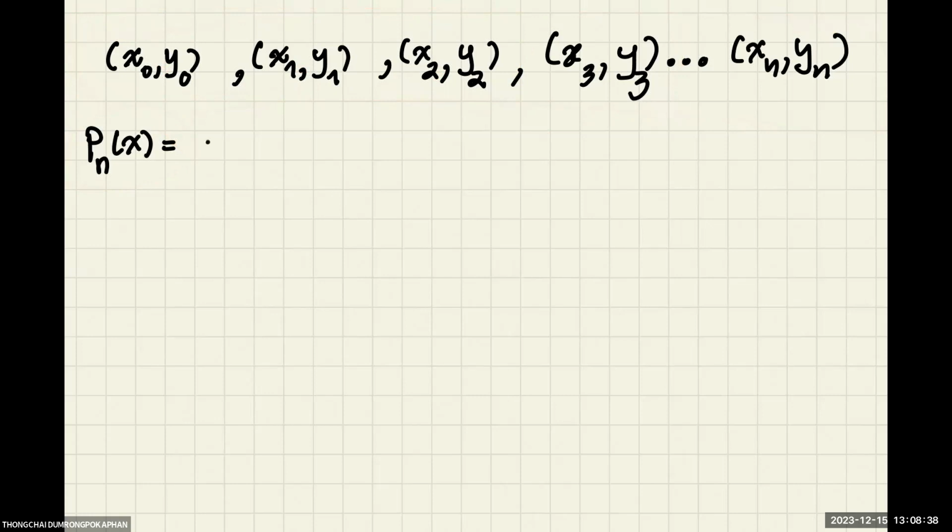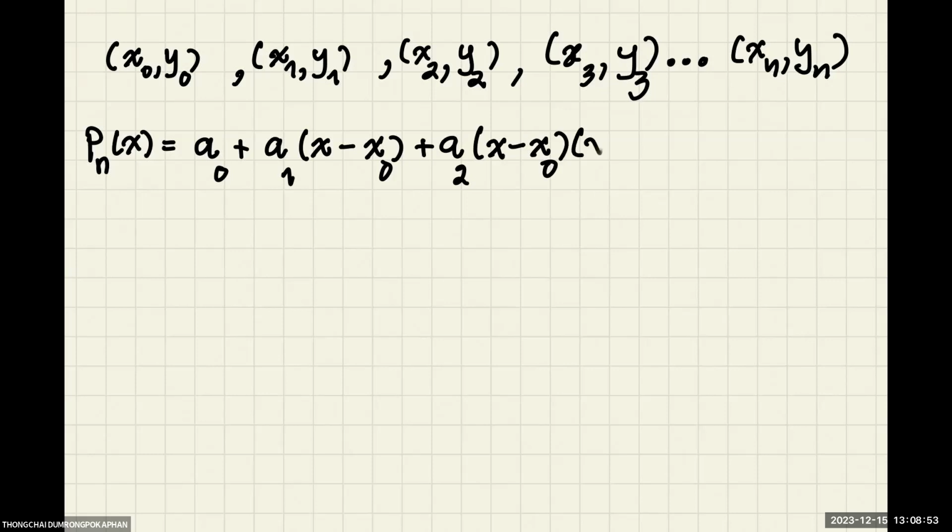So it's going to be like a0 plus a1 (x minus x0), the first point, plus a2 (x minus x0)(x minus x1), plus a3 (x minus x0)(x minus x1)(x minus x2), and so on.